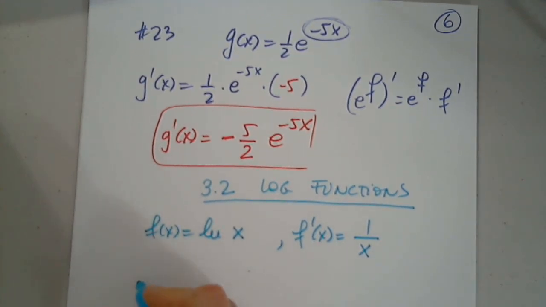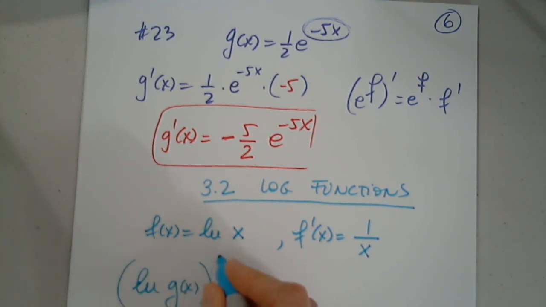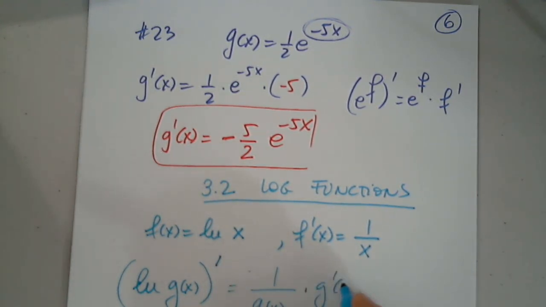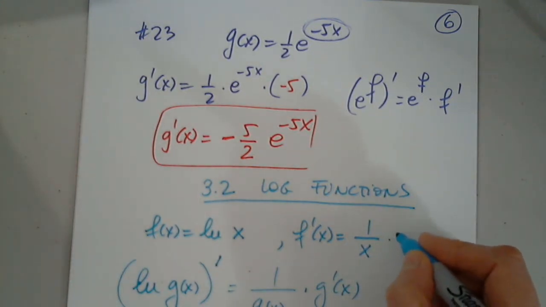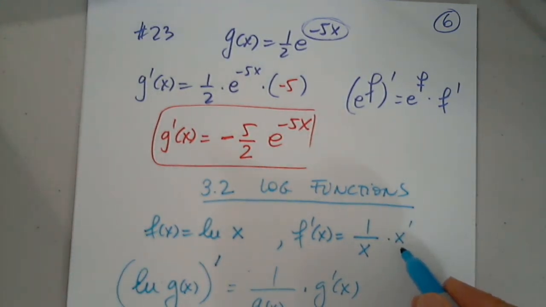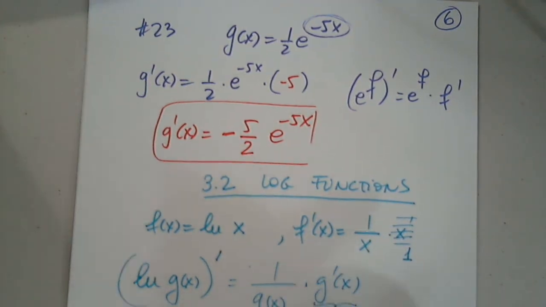Now, if the function is natural log of g of x, which is function composition, and I want to differentiate, of course, like we had before, 1 over g of x multiplied by g prime. Here I should have written times x prime. Why don't I write x prime? Can anyone explain why I don't write x prime? Because it's 1. Exactly. But here I cannot omit it.